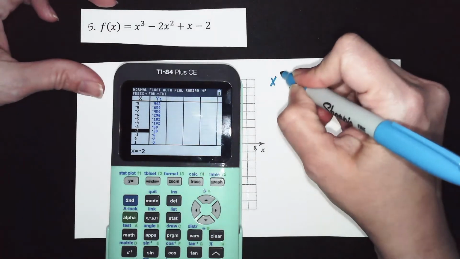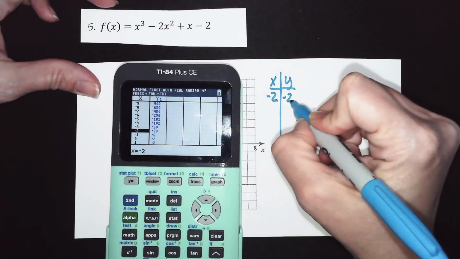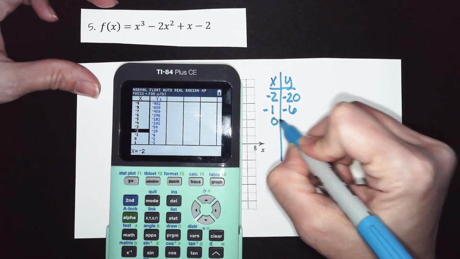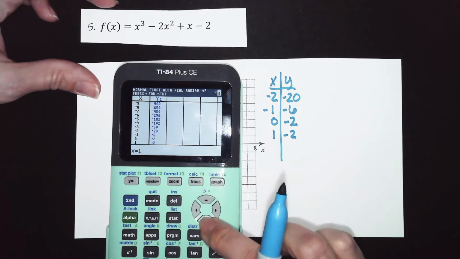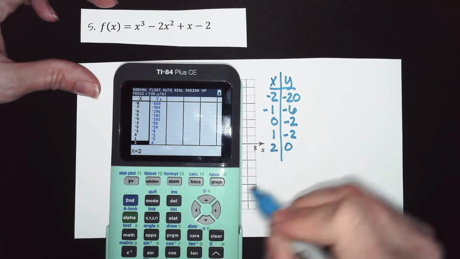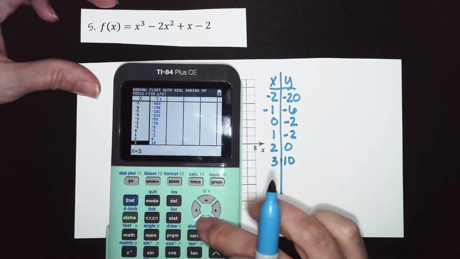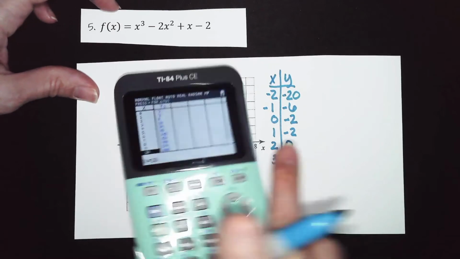The values are: -2, -20; -1, -6; 0, -2; 1, -2; 2, 0; 3, 10, and that's off my graph. It just keeps getting farther off my graph, so that's all I'm going to fit.